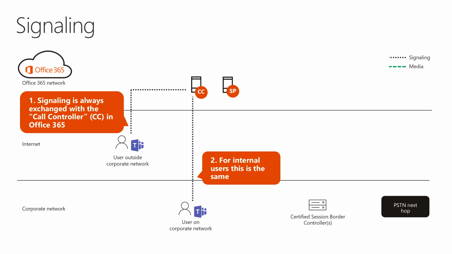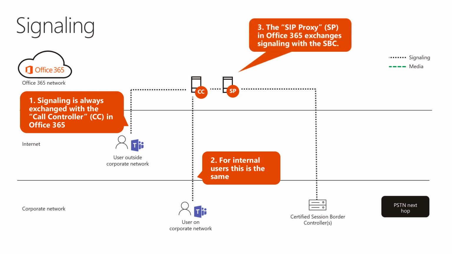From this user, the signaling travels to the call controller. Then within our Office 365 cloud, well, obviously there are a few more components involved, but there is the SIP proxy. The call controller communicates with the SIP proxy, and now the SIP proxy can exchange signaling with the session border controller in SIP, the session initiation protocol, a protocol that is used a lot in telephony. The session border controller, think of it as a call router.